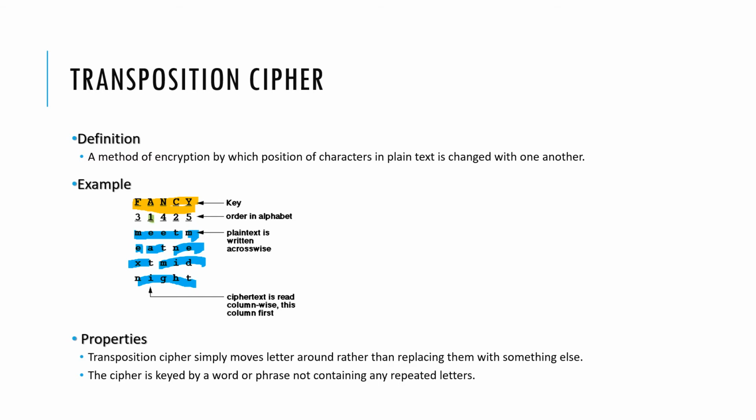So A becomes 1, C becomes 2, F becomes 3, N becomes 4, and Y becomes 5. The next thing we do is read this matrix in column-wise order as per the lexicographic indexing. So the ciphertext we obtain is EATI, TNIH, MEXN, and so on.